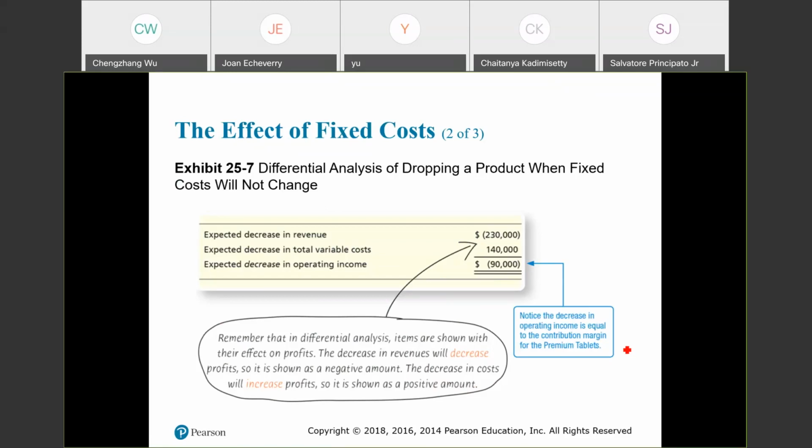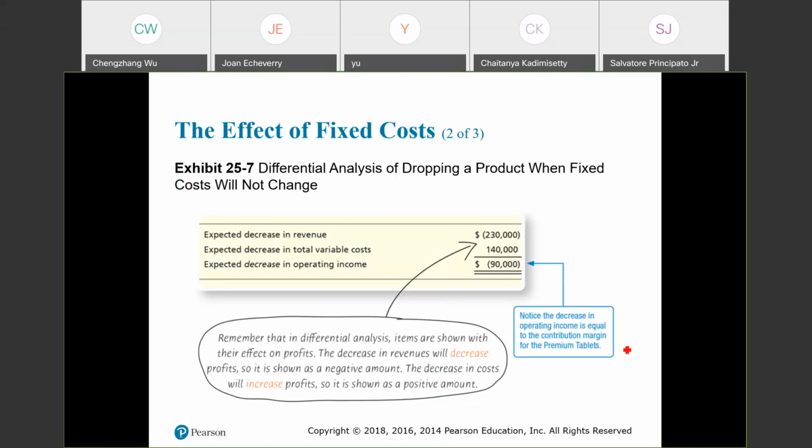And another thing you need to consider is the decrease in cost, specifically the decrease in variable cost. Because as I said, the fixed cost is unavoidable in this case. It doesn't change whether you drop this product.